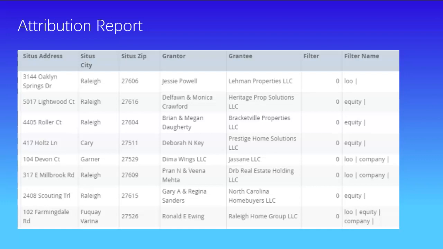Maybe I should loosen up my equity boundaries. Maybe I put a length of ownership flag on there and said they had to own it for a certain amount of time, and I was wrong. Maybe you weren't wrong. But without actually having an attribution report to review, you don't know. You're guessing. And this stops the guessing.